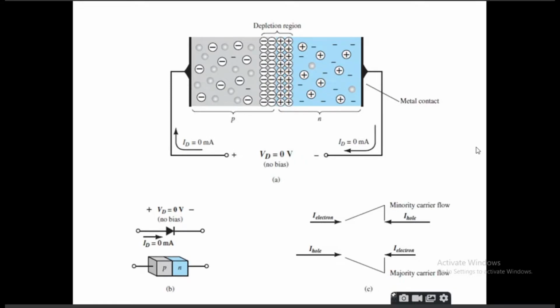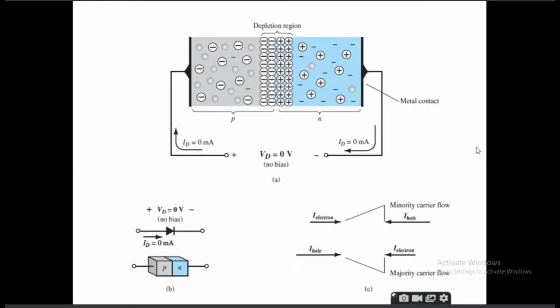So in this whole figure A, on the P side there are holes in large quantity, and some electrons in small quantity.